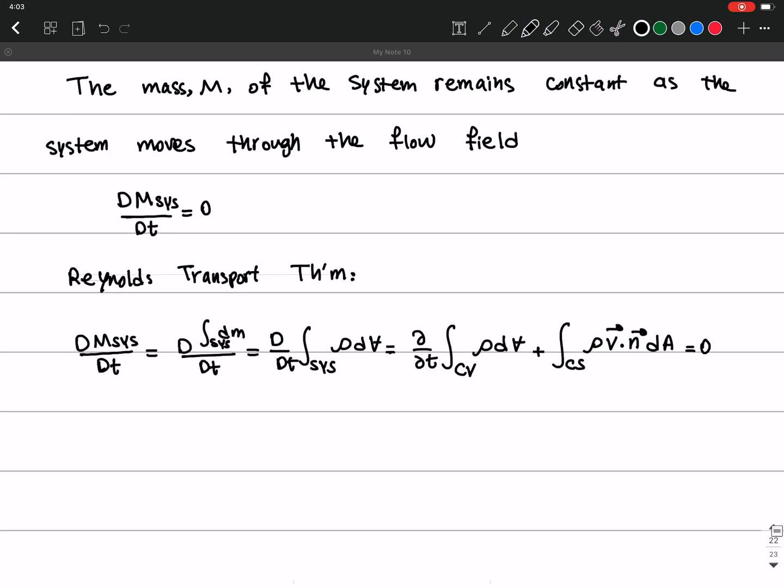Okay, so this is the integral form of mass conservation, right?